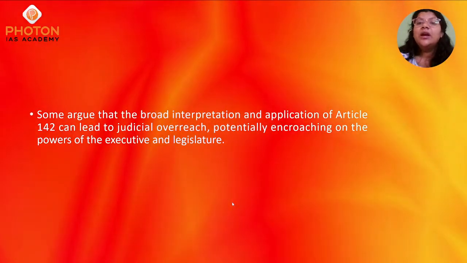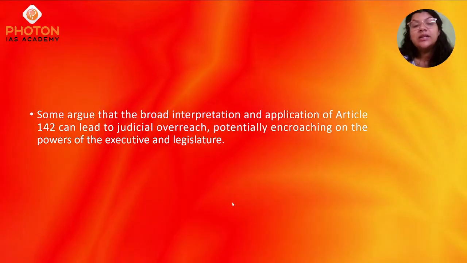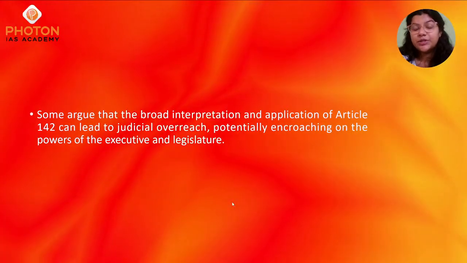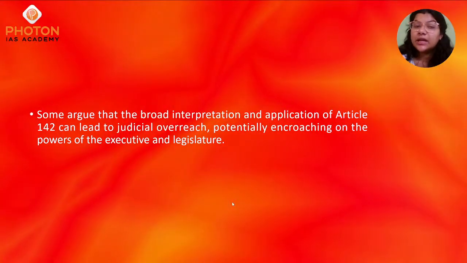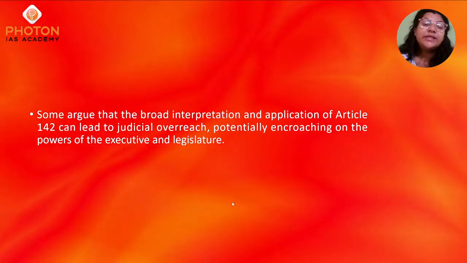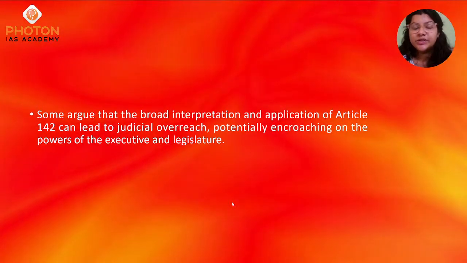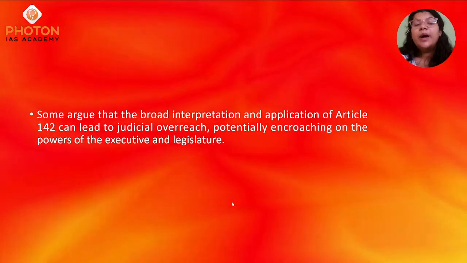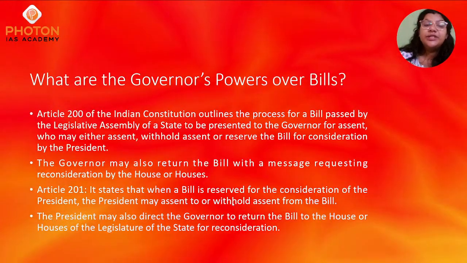Activism is when the judiciary does what is necessary, like for example Vishaka guidelines, taking that matter up and giving prevention of sexual harassment at workplaces proper clarity. That is judicial activism. Judicial overreach is when the judiciary tries to overshadow legislature and executive procedures. So Article 142 can be misused by the Supreme Court, and it can lead to judicial overreach.